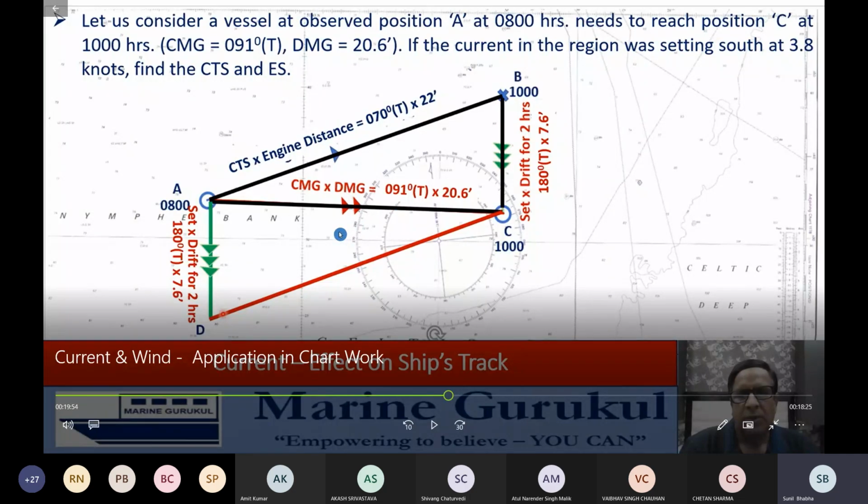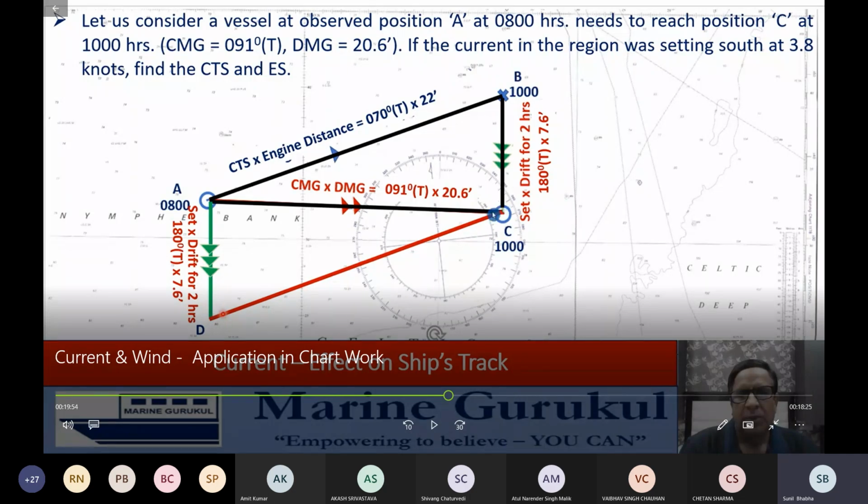So in the second case, if initial and final positions are given to you, that means the course made good and distance made good are already known. In that case, we first apply the current. You see the current vector applied first, shown with 3 arrows, and the CTS vector is then found out. Once you have the current vector applied, you have this D point on your chart.